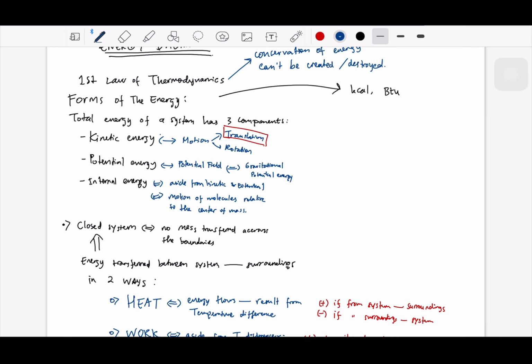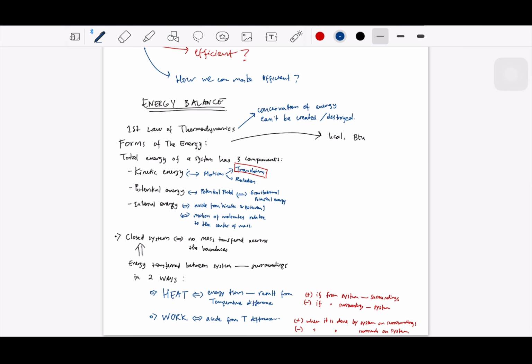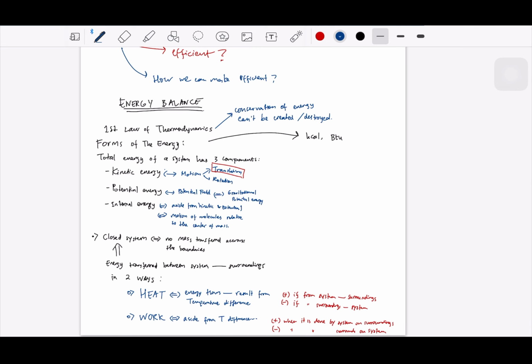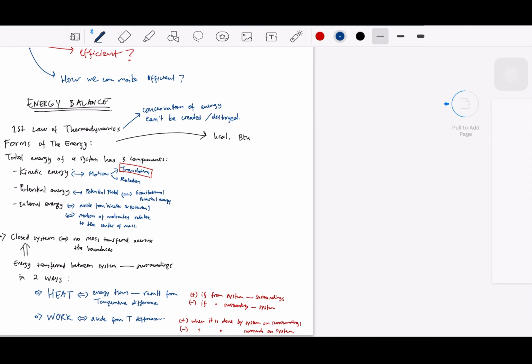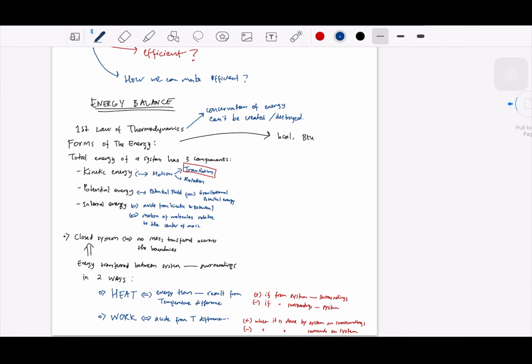We are talking about which energy is the input and what is the output. Okay? So we are having some sort of balance equations. Okay, let me go through. But before we talk about the balance equation, maybe we can have more discussion on the kinetic energy and the potential energy.